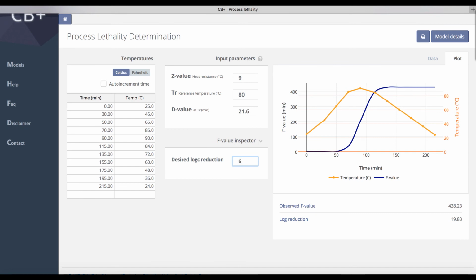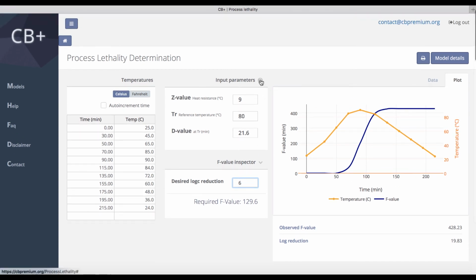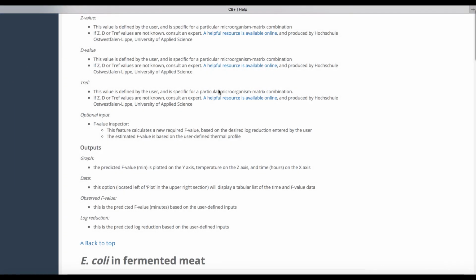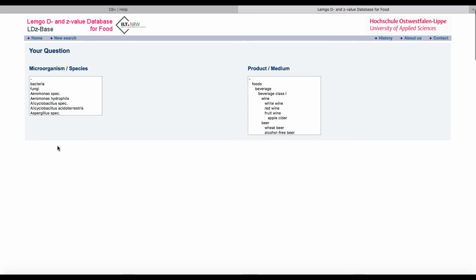For example, entering a value of 6 logs shows a corresponding F value of 129.6 minutes. If you need further information about Z, T reference, and D values for your food of interest, please go into the Models section where you can find links to very useful resources.